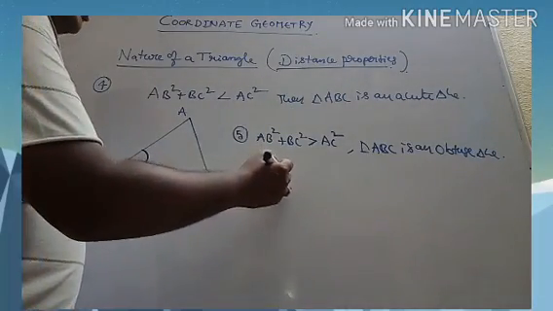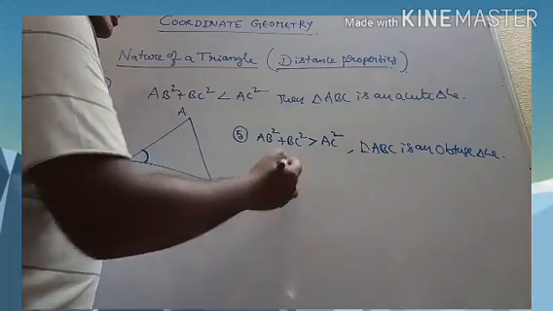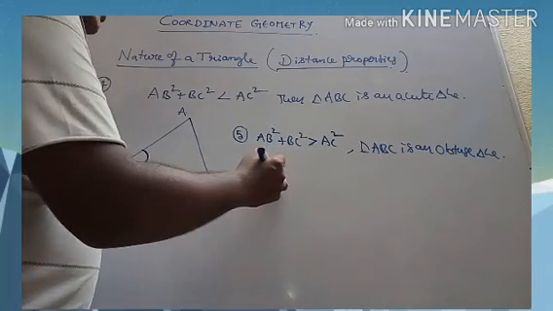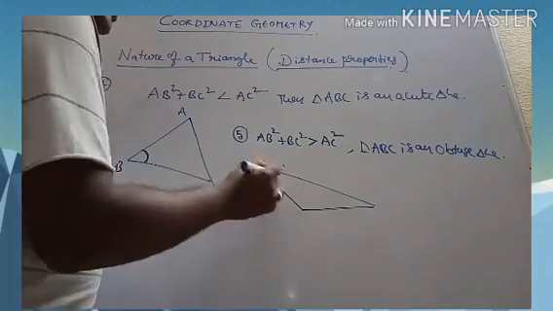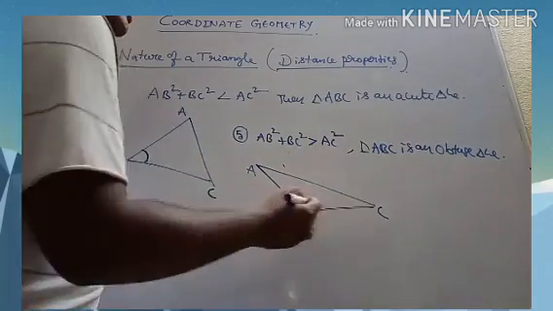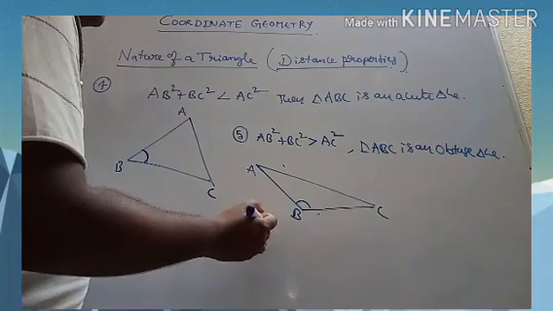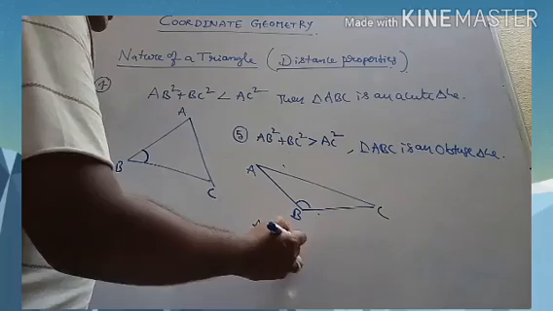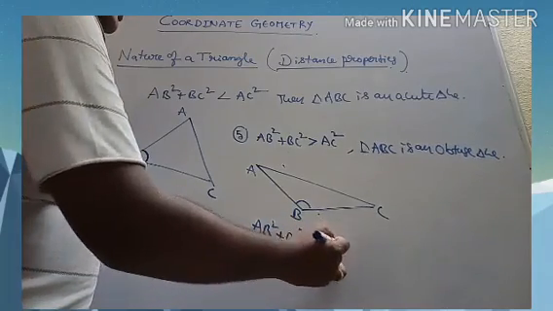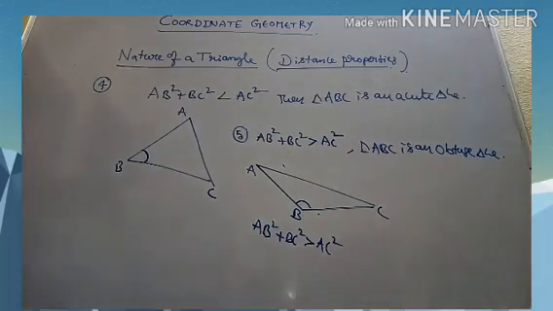That means, my dear student, suppose you are having A, B, C like this. This is an obtuse triangle such that AB square plus BC square is greater than AC square, like this. Then you can say that right here.